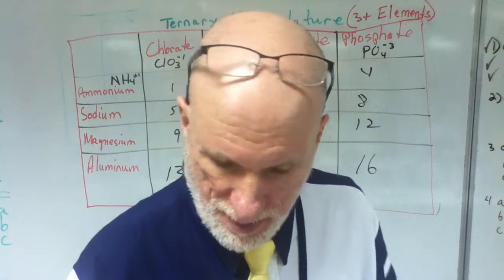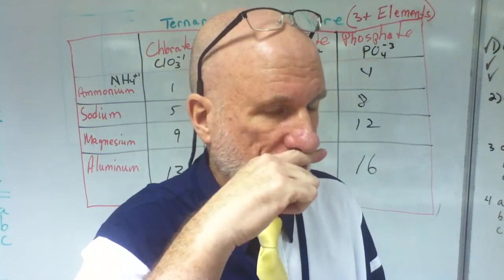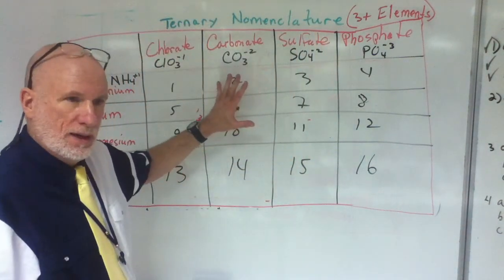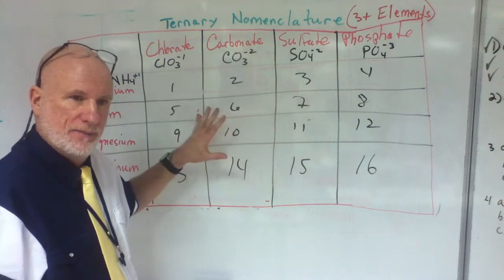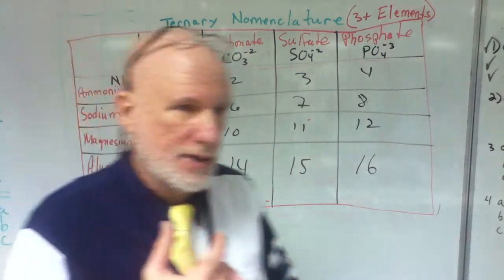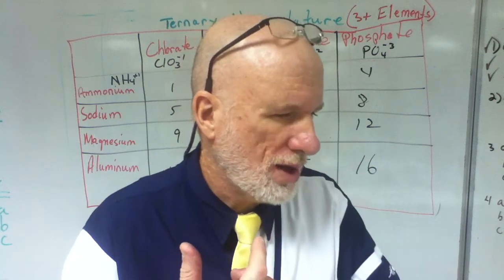I have another ternary table. It's called Ternary Nomenclature Part 1, and there's a table on there. Clear? So you have one binary table, 1 to 42, correct? Did you do that already for homework?